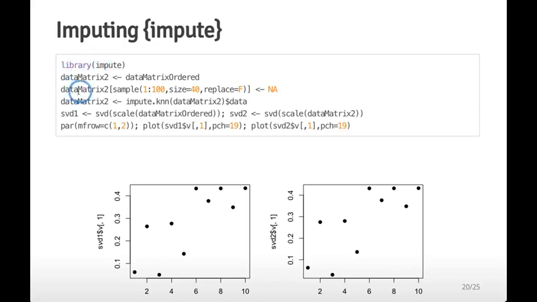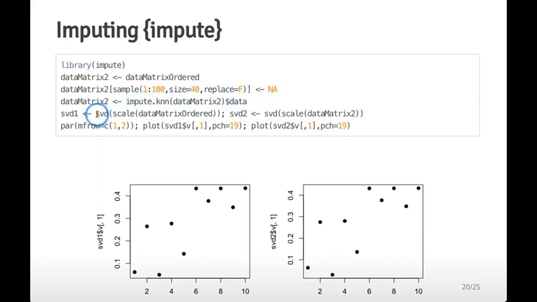So here I've created a data matrix which has some missing values, and then I can use the impute.knn function applied to the data set with missing values and return the completed data set which has imputed those data values with a k-nearest neighbors imputation approach. I'm not going to go into the details of the k-nearest neighbors imputation approach here, but suffice it to say, it uses vectors of variables that are nearby that are complete observations to impute the values that are missing in the data set.